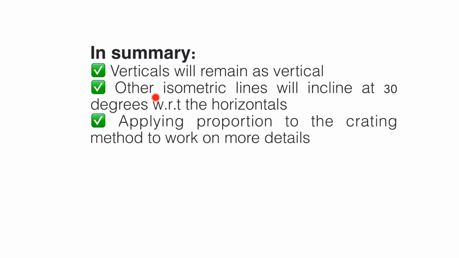The other isometric lines will maintain an inclination of 30 degrees with respect to the horizontals. And last but not least, be very explicit in applying proportion concepts to the basic cubing method in order to work on more details.